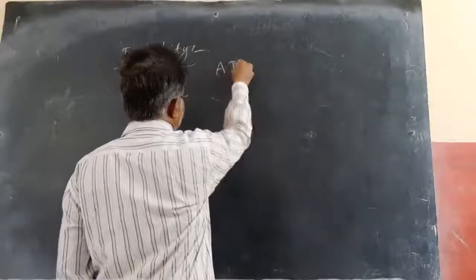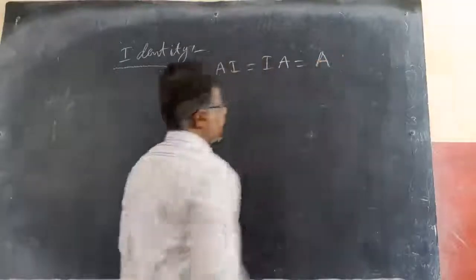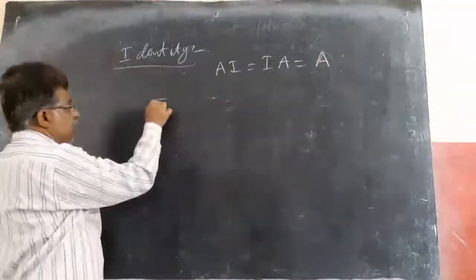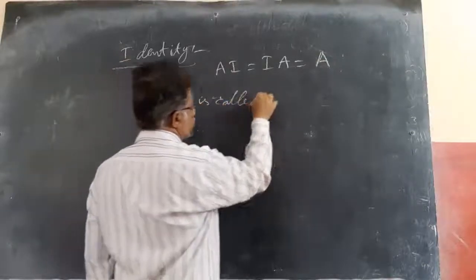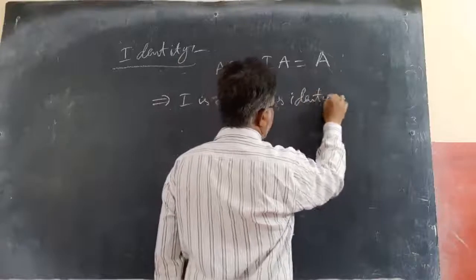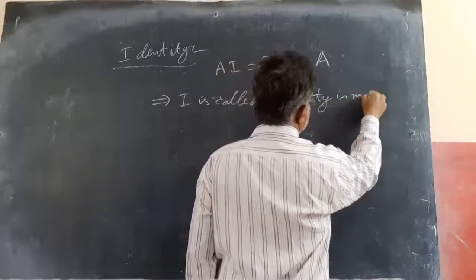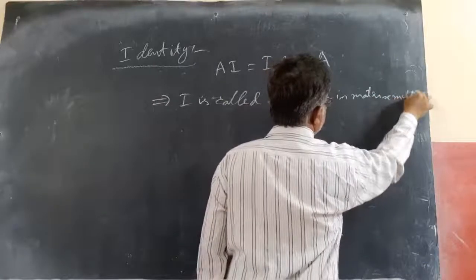A into I equal to I into A equal to A itself. A itself implies I is called identity in matrix multiplication.